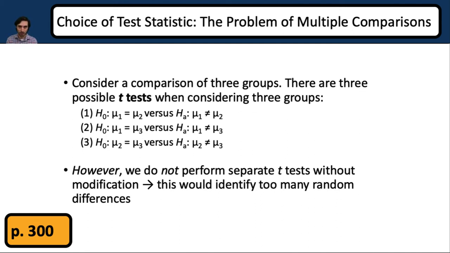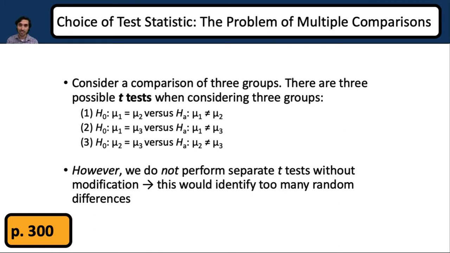So there's 3 of them, and each one is looking at the other. It's a triangular standoff, and we need to perform separate t-tests basically, and that's what an ANOVA is.